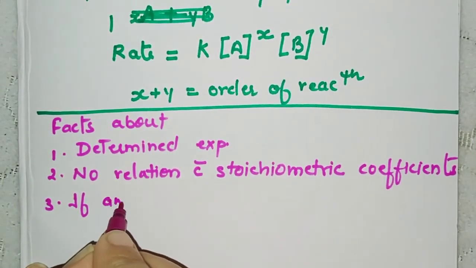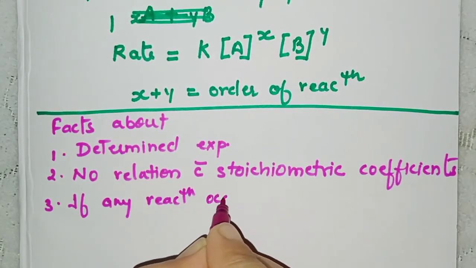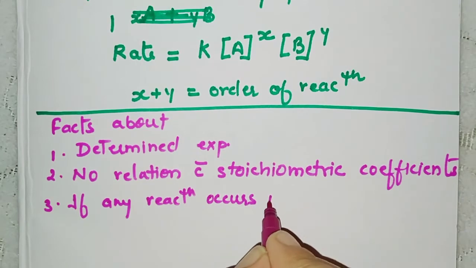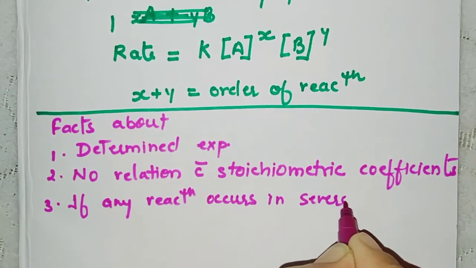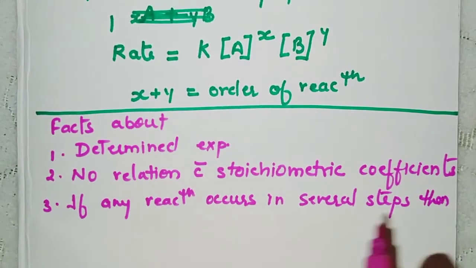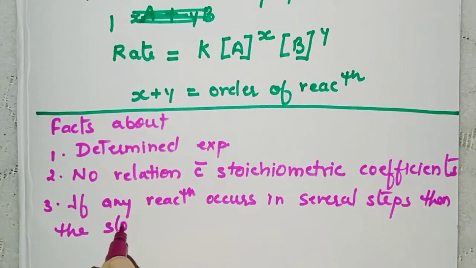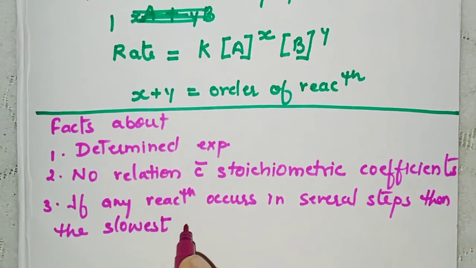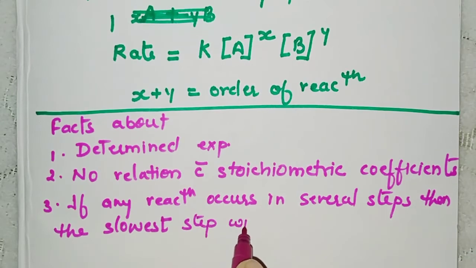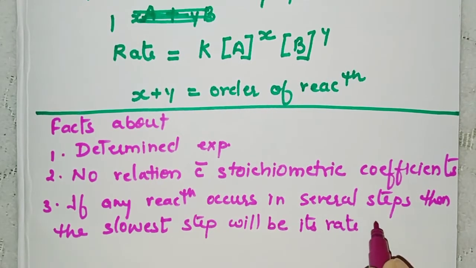Suppose any reaction proceeds in several steps, then the slowest step will be its rate determining step.